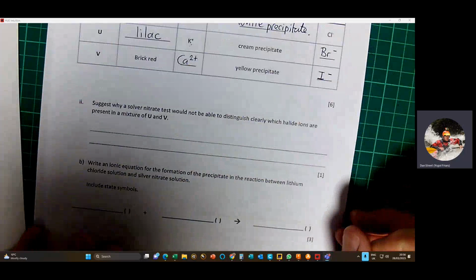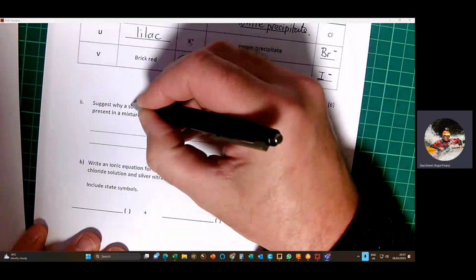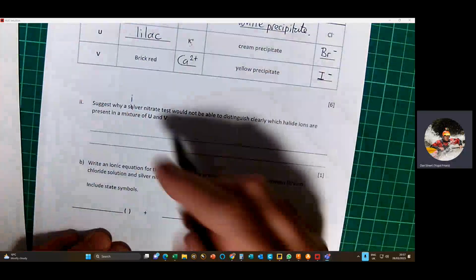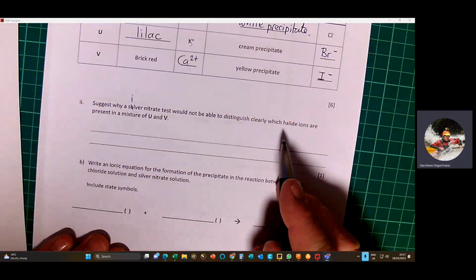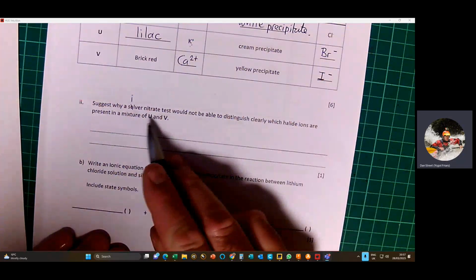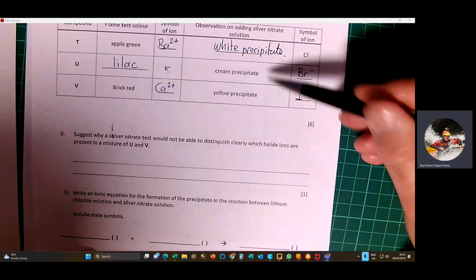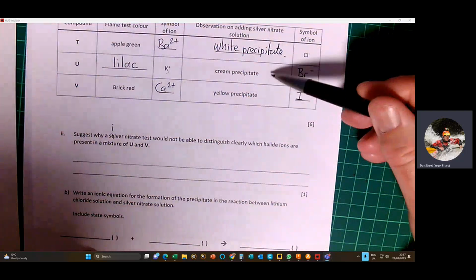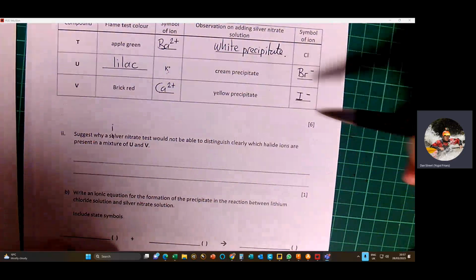Okay. Now, the next question, slightly more difficult. Suggest why a silver nitrate test (that's a typing error) would not be able to distinguish clearly between halide ions which are present in a mixture of U and V. So if we have a look at U and V, with the silver nitrate, we get a cream precipitate and a yellow precipitate. And basically, if you've got a mixture of those two, you wouldn't be able to differentiate between the two.